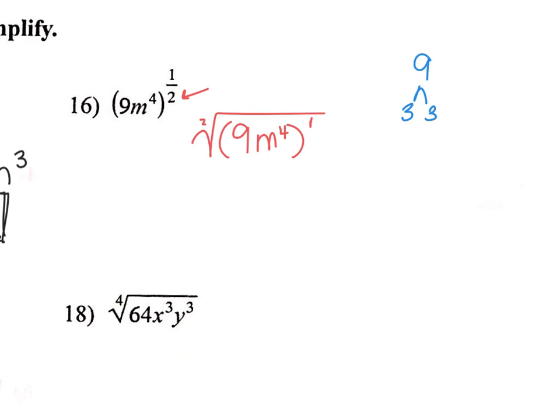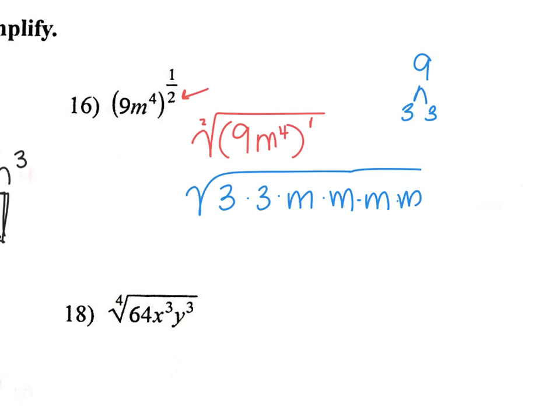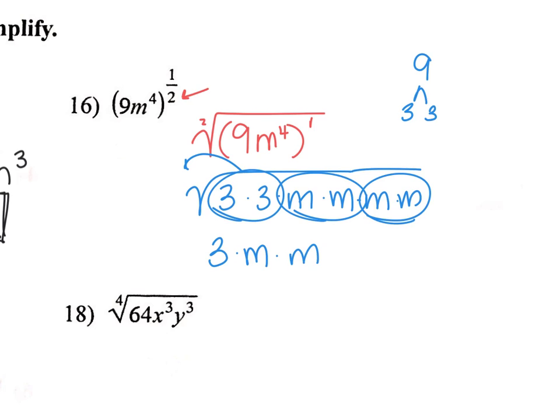So this is to say the square root of 3 times 3 times 4 m's, 1, 2, 3, 4. And square root means I need groups of 2. So that's going to give me 3 times m times m, or 3m squared.